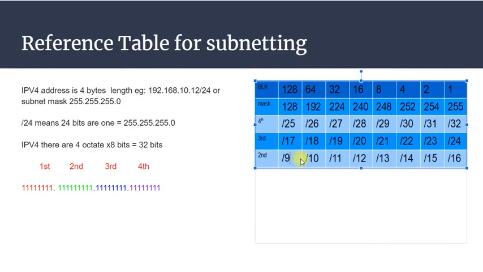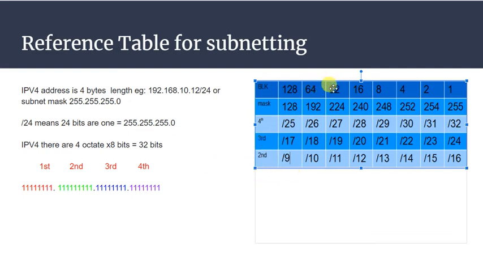The first network ID is 0, the second network ID will be 64, the next network ID will be 128, then the next will be 128 plus 64, which is 192, and then the last network ID will come. So if you want, we can write it down here and calculate.